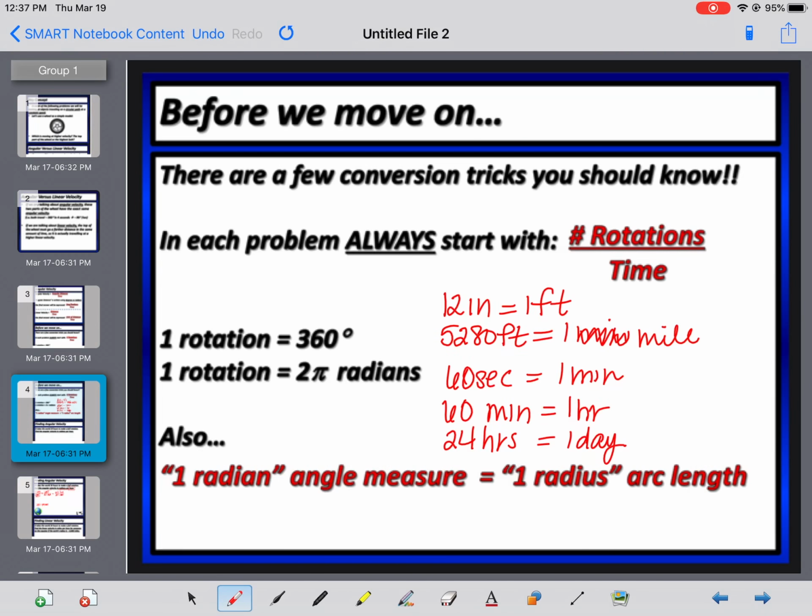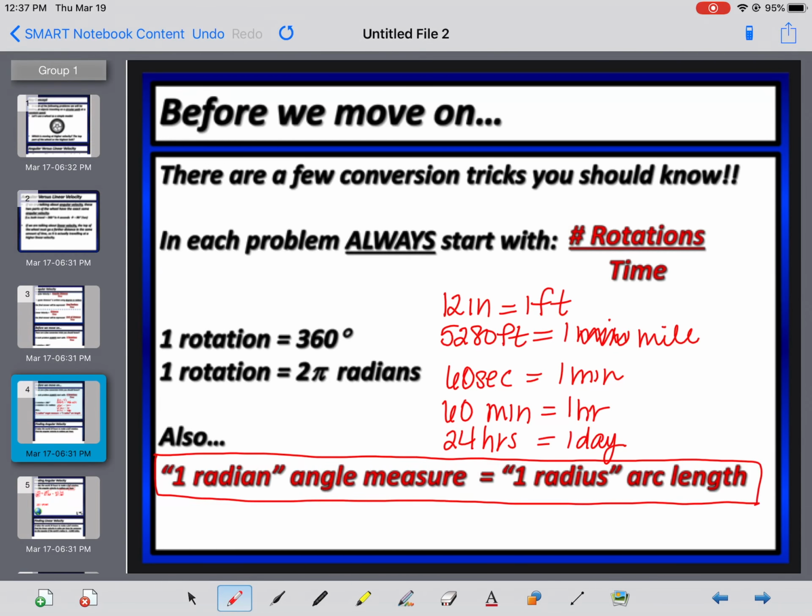Now, one conversion that you do not know: 1 radian, which is an angular measure, equals 1 radius. This radius can be any unit of distance, inches, feet, whatever.